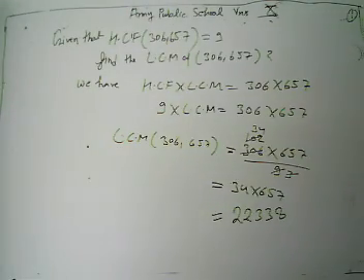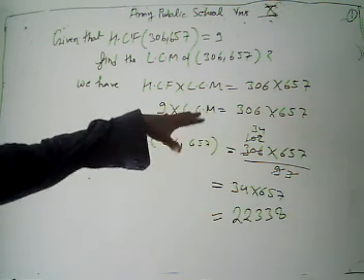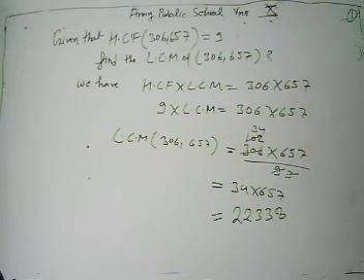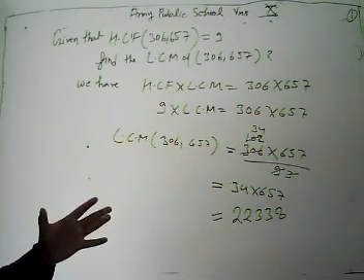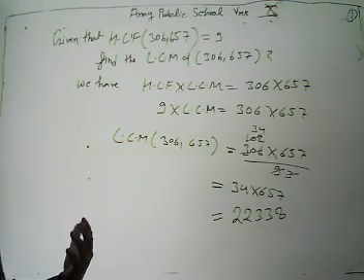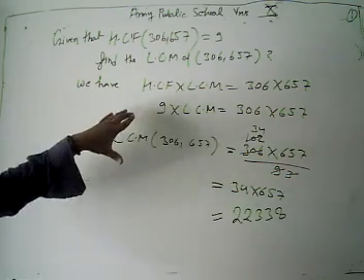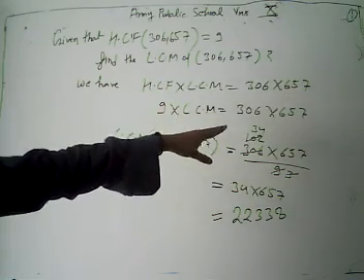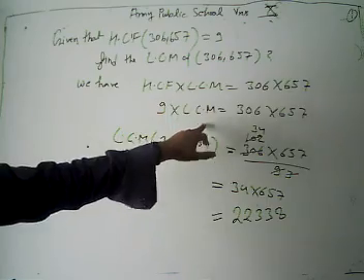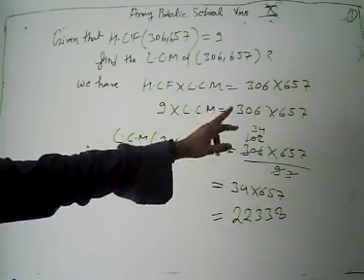Look, again I am going to revise this one. We are given that the HCF of 306 and 657 is 9, and we have to find their LCM. In our last question we verified that the product of HCF and LCM is equal to the product of the numbers. Since HCF into LCM is equal to the product of the two numbers, we have HCF 9 into LCM of the numbers is equal to 306 into 657.